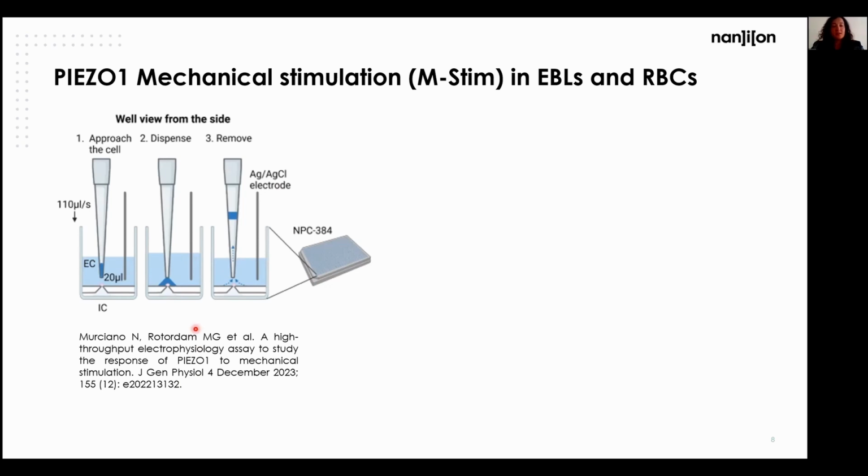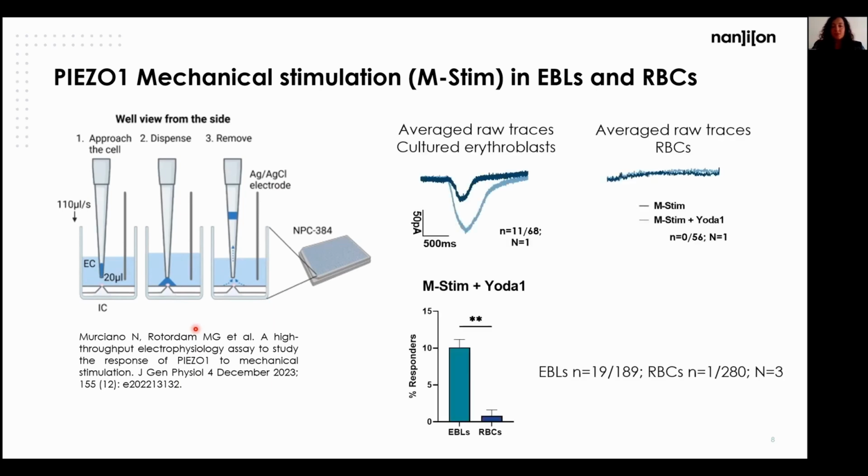You can see the pipette entering the well, and mechanical stimulation is achieved by fast application, at a speed of 110 microliters per second, of 20 microliters of solution on top of the cell, followed by a fast removal. This mechanical stimulation results in an inward current from Piezo1.